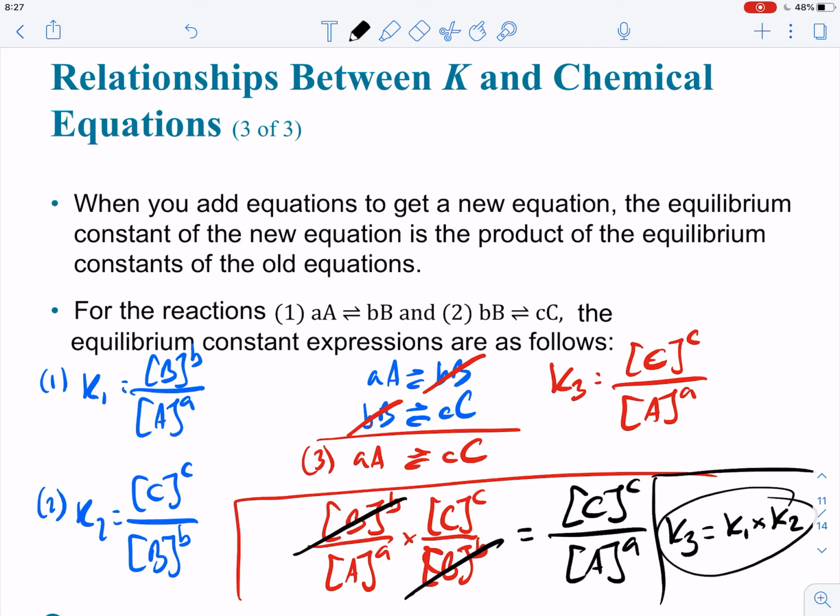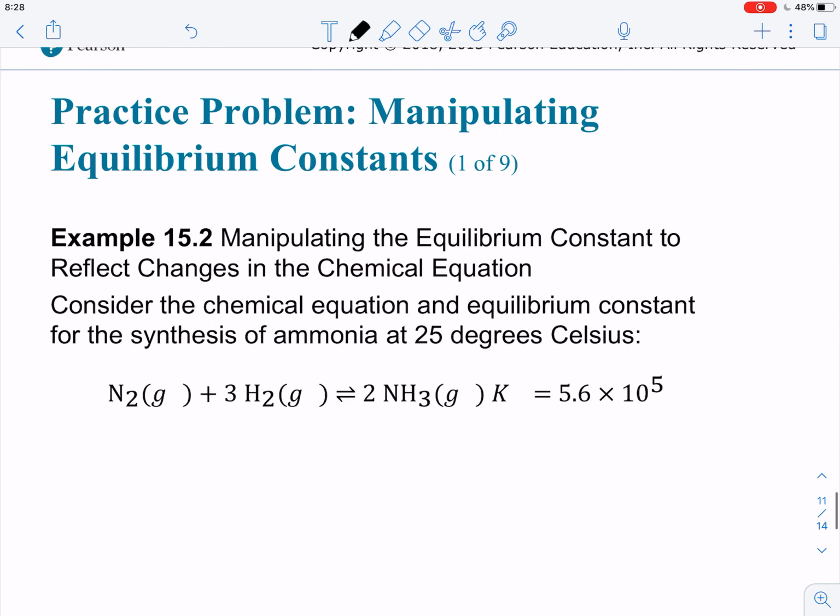So you have two reactions, you have two constants, you want to calculate the equilibrium constant for the third reaction, and you obtain that third reaction by adding, so you multiply the constants. What if you have to invert or you have to multiply? Well, you have to do those operations as well. It's going to be more complicated, but if it's just adding the reactions, then you multiply the constants. The end result could be a little bit different depending on what you actually have to do to those constants.